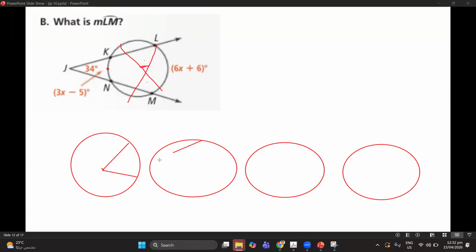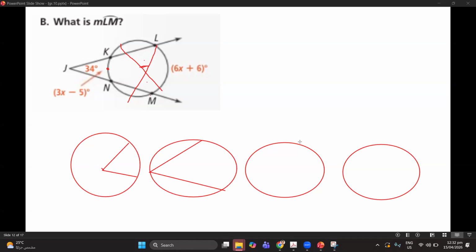The second case, if the vertex is on any point on the circle, the measure of the inscribed angle is half the measure of the arc.